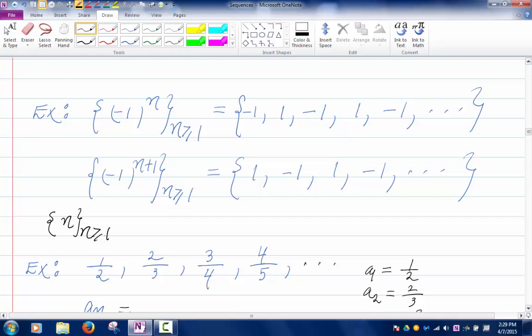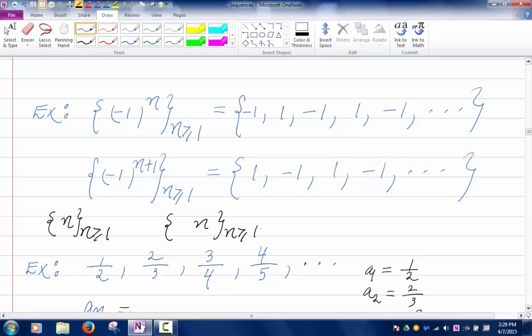Now, let's say I want to have the same sequence n. However, I want to start with a positive term. I want the first term to be positive, and then I want the signs to alternate. So what should I do?